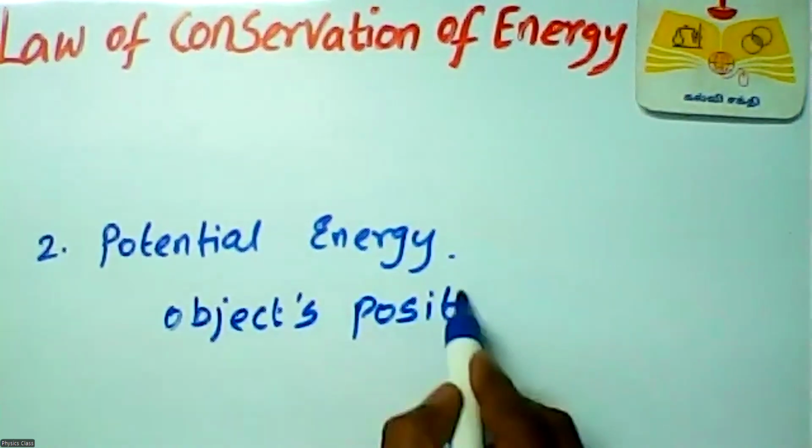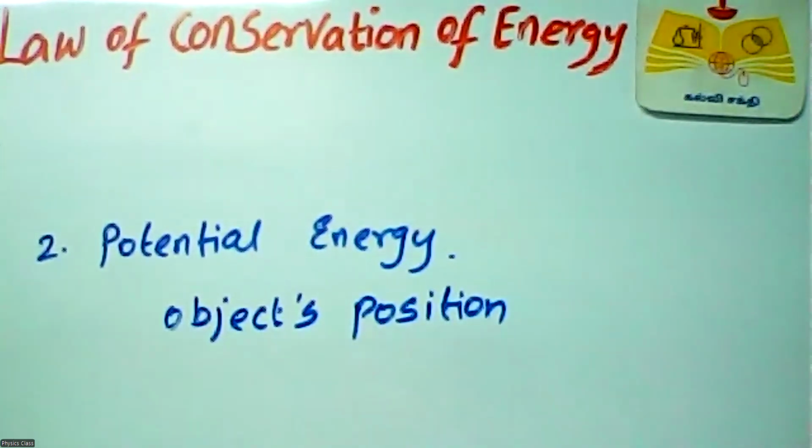Kinetic energy is due to an object's motion, potential energy is due to an object's position. Let me put PE, that is potential energy. You may already know the formula for potential energy, that is m g h. Correct? m is the mass of the object, g is the acceleration due to gravity, h is the height of the object from the earth's surface.